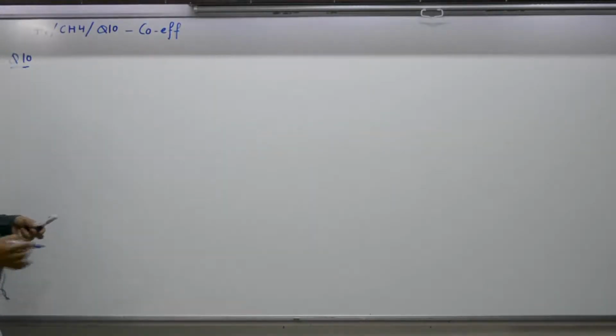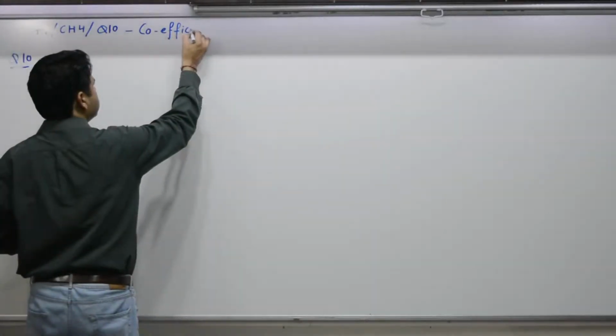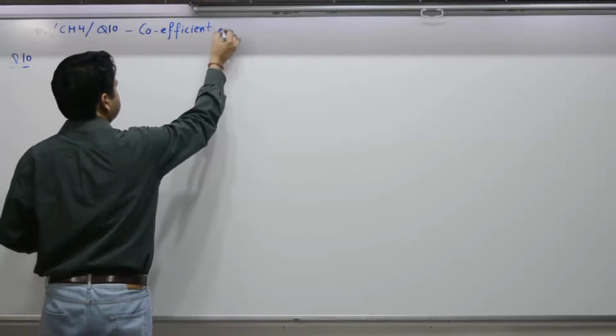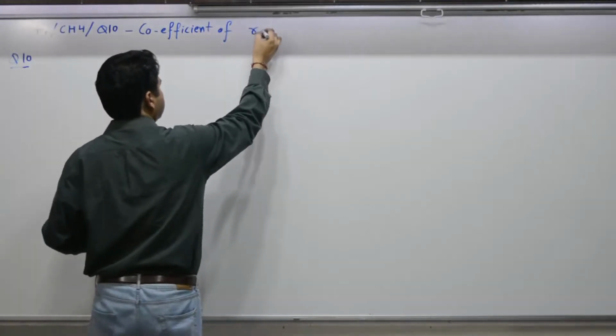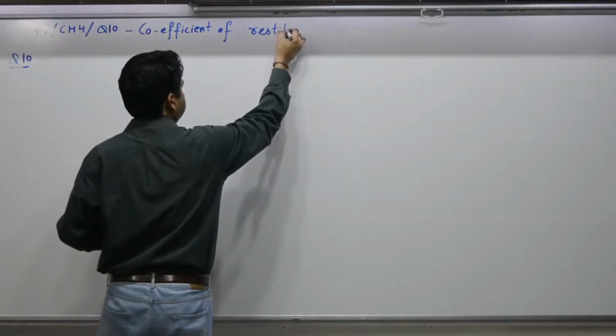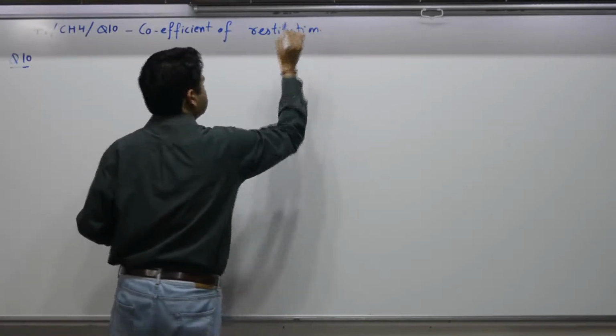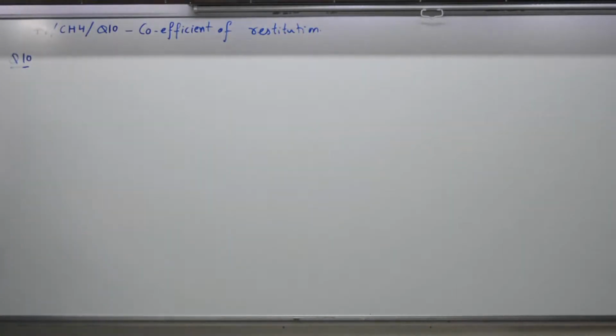Question number 10 deals with the coefficient of restitution. Coefficient of restitution is defined as the ratio of relative velocity of separation to relative velocity of approach.